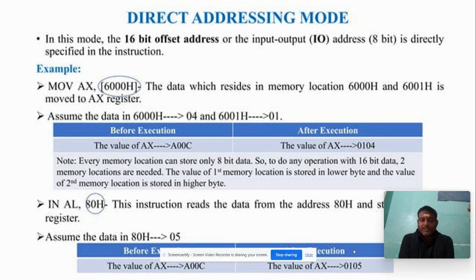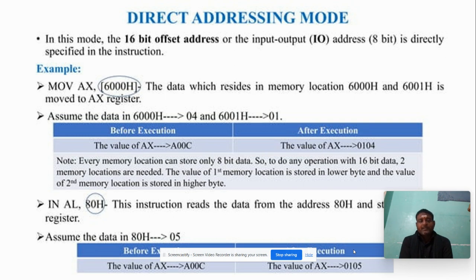Each memory location can store 8 bits of data. AX is a 16-bit register, so the data of locations 6000 and 6001 is moved into the AX register.